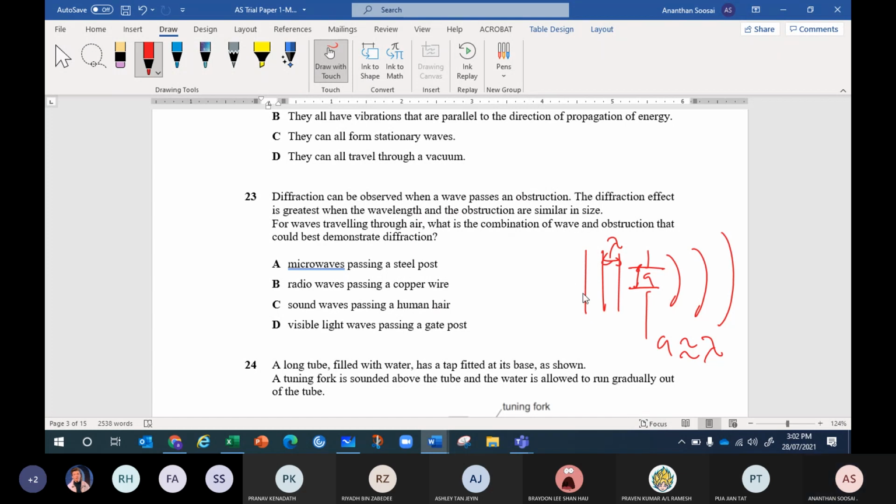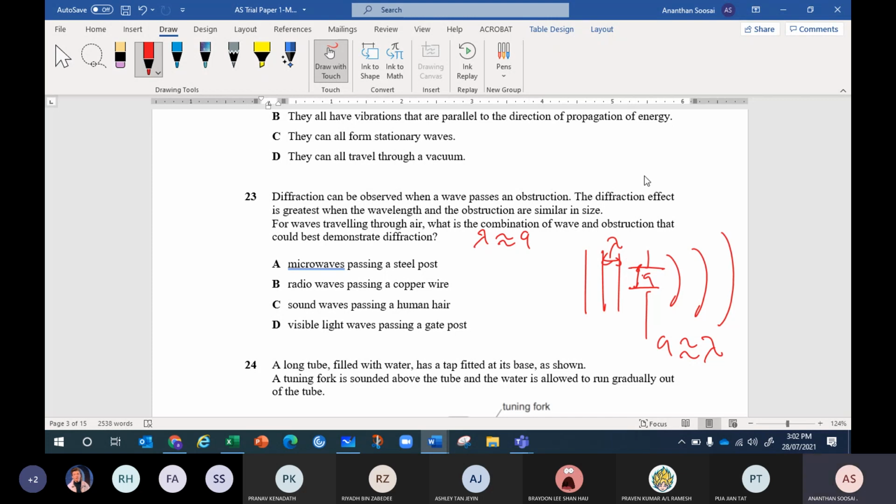So for a wave traveling through air, what is the combination of wave and obstruction that could demonstrate the diffraction? You need to show for which pair the wavelength is about the same as the gap.